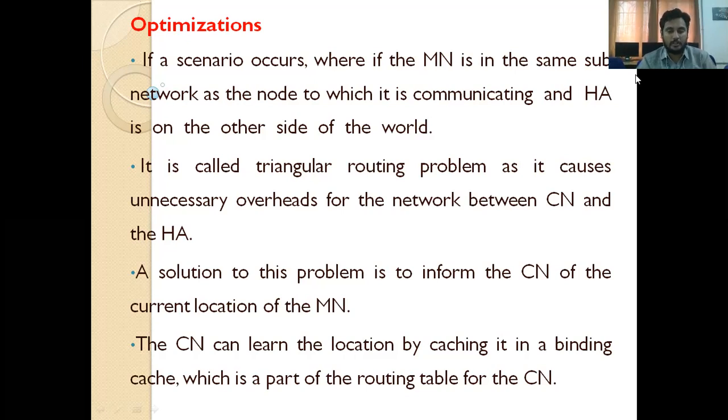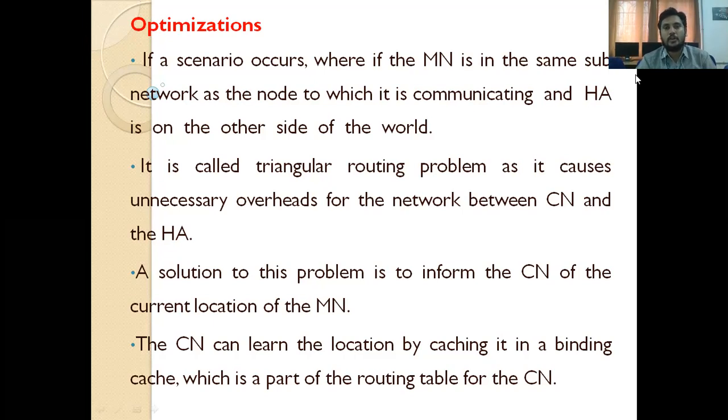If the correspondent node wants to communicate with the mobile node, at the time of data packet delivery it is in one particular location. After delivering the data packet, it changes its care of address from one location to another location. This is called the triangular routing problem. So to avoid these problems, these optimization techniques are used.